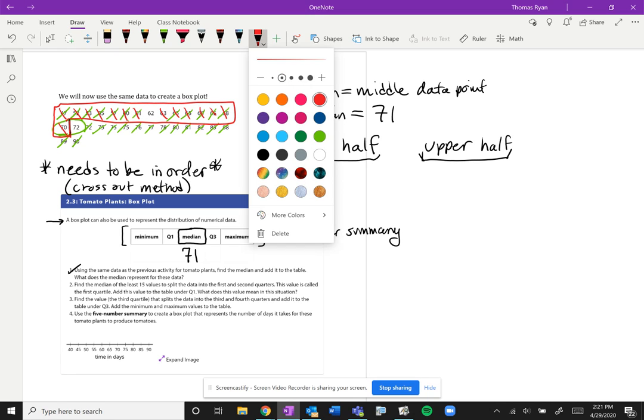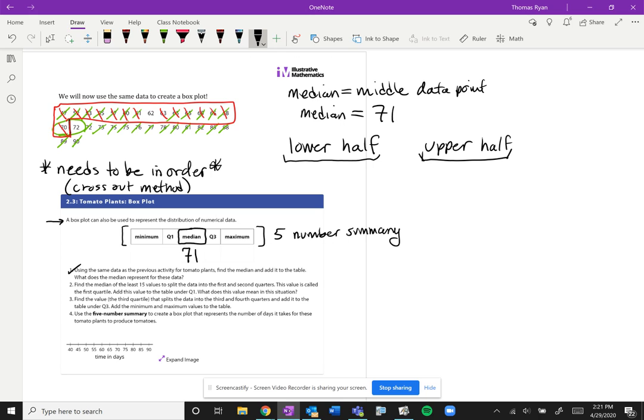It seems now that we've found that the middle of that lower half is 62. And it says add this value under Q1. So 62, we're going to call this Q1. The middle of the lower half is Q1.